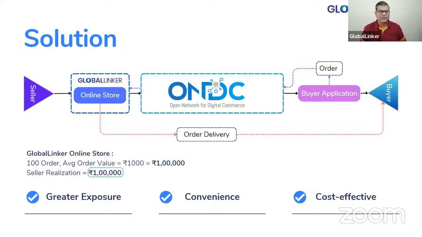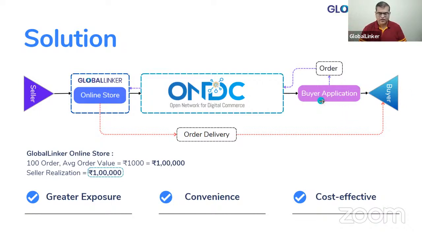So these buyer applications are bringing customers onto their buyer application. They are doing marketing activities, the promotional part, and they are bringing in the buyers onto their platform. And here we are providing the seller. So as a seller, your products are now presented in front of buyers on the buyer application, right?